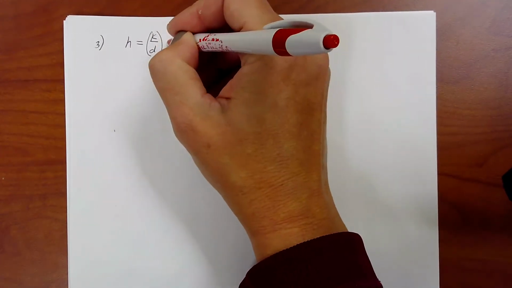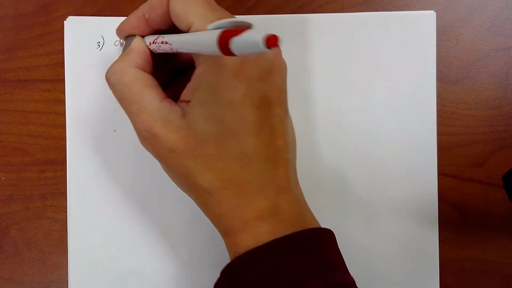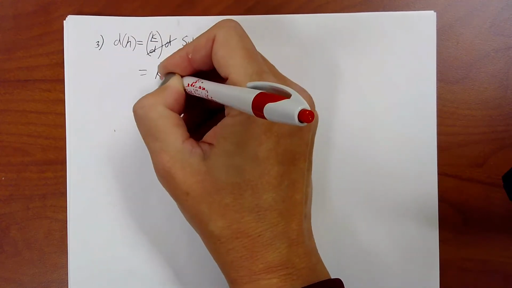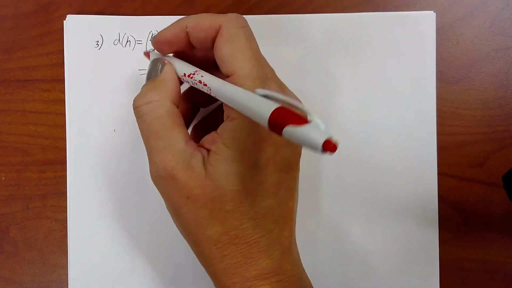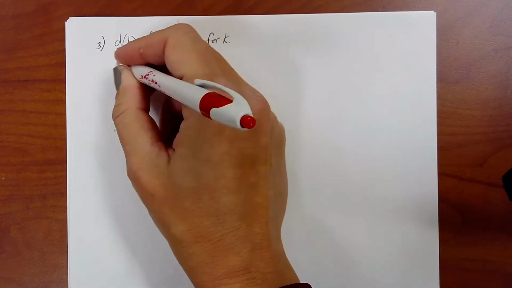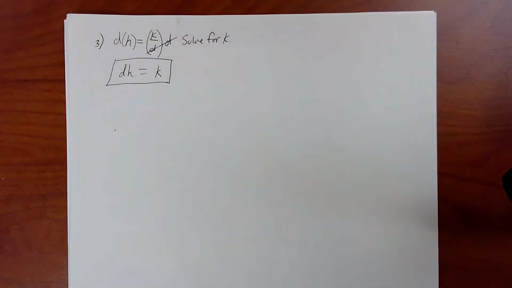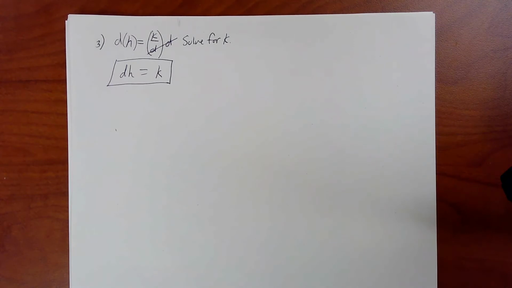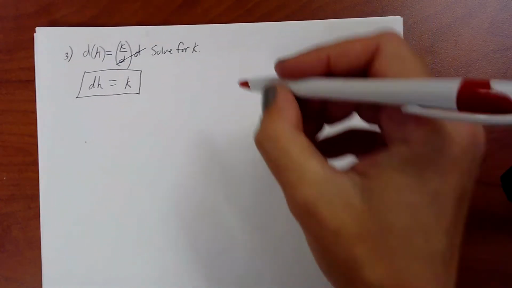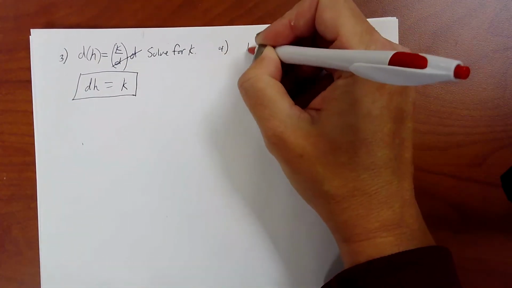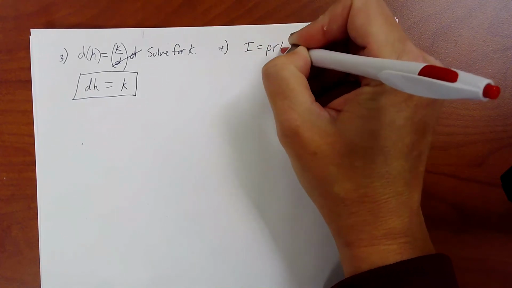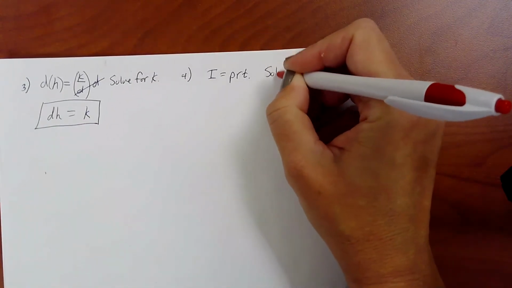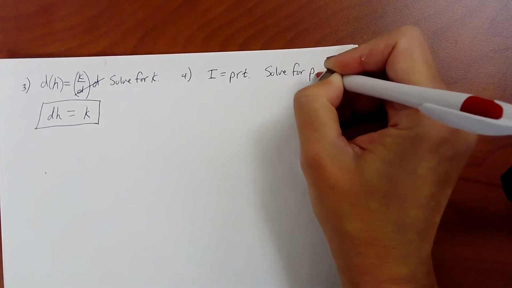So I'm going to multiply by D. So K is D times H, or H times D, whatever you want to say. That's it. Okay. Let's try another one. How about I equals PRT, solve for P.